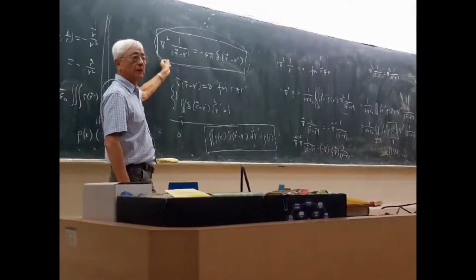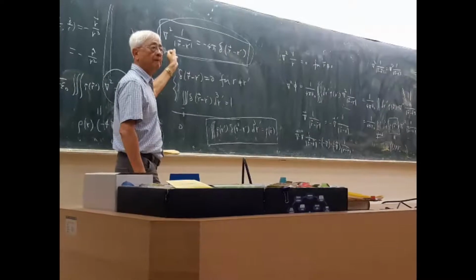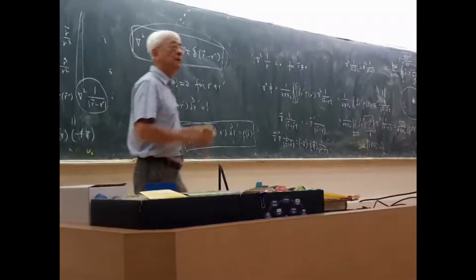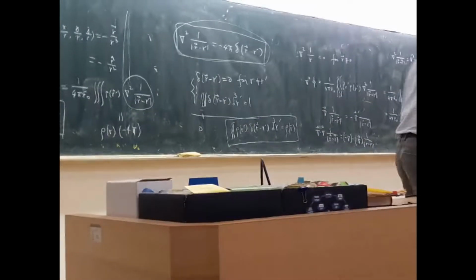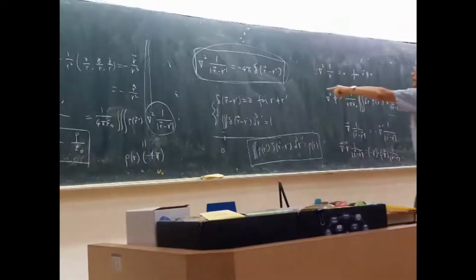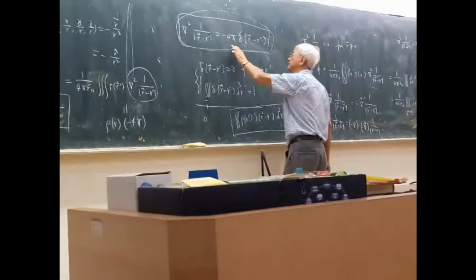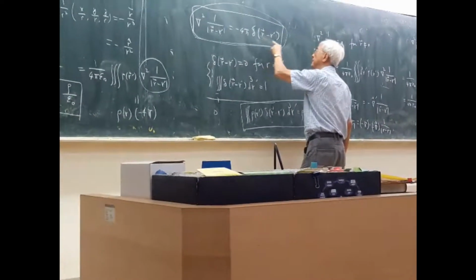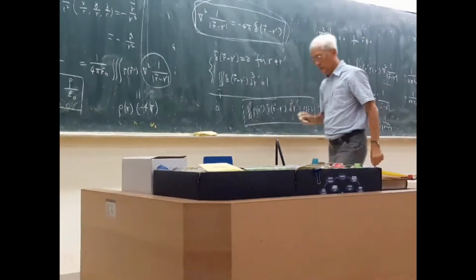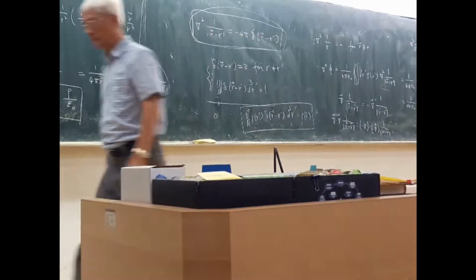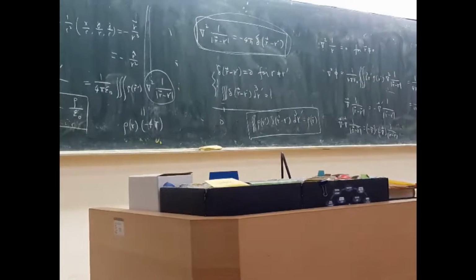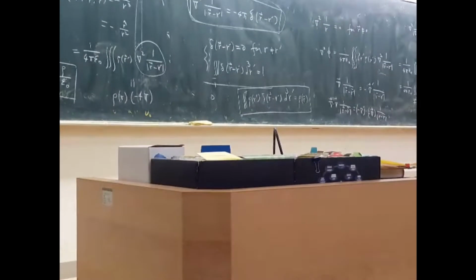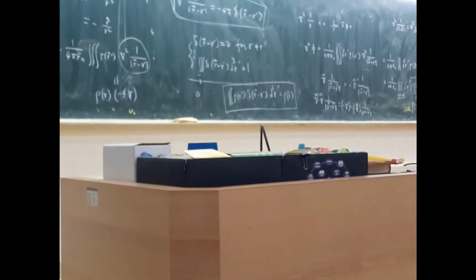So memorize this, and then you can save a lot of energy. Whenever you have that, just remember this is minus 4 pi times the three-dimensional delta function. Remember, the three-dimensional delta function is not equal to the one-dimensional delta function. You should be very careful. You have 4 pi and you have the r squared volume integral.